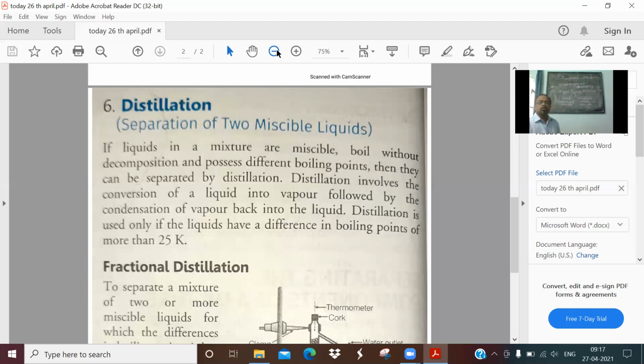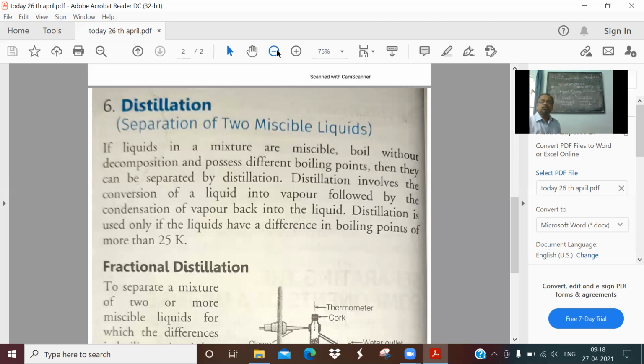Now, for more than two soluble substances or liquids, we use the term fractional distillation. This is extensively used on a large scale in the separation of components of crude oil, petroleum. You know that petroleum is a mineral which is extracted from the earth's crust. This petroleum or crude oil which is mined has various components with different boiling points.